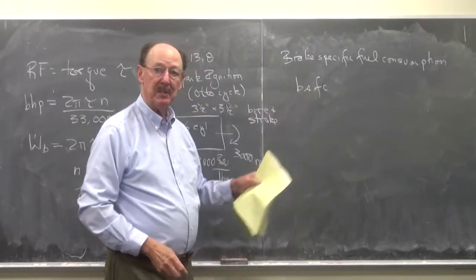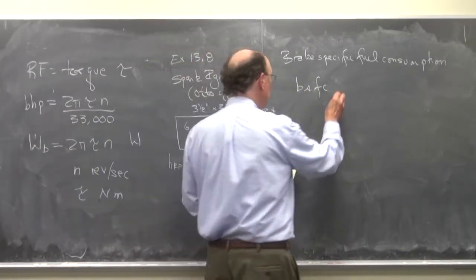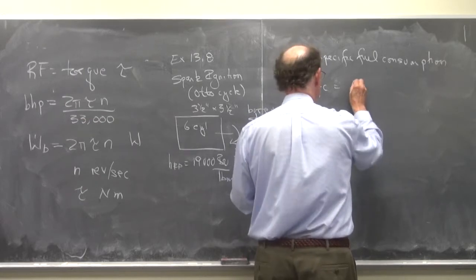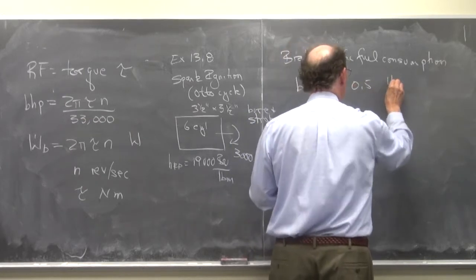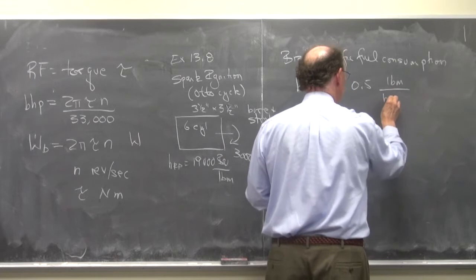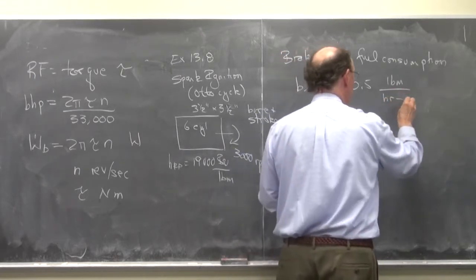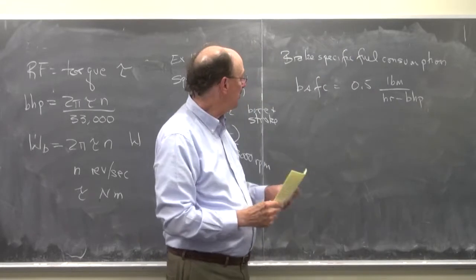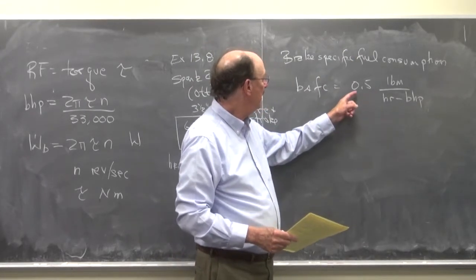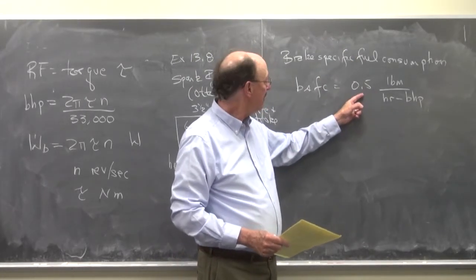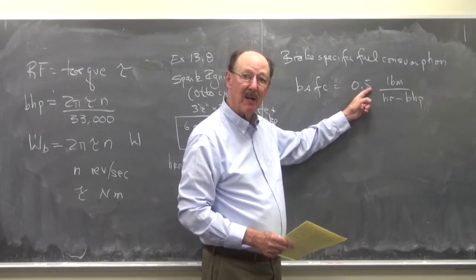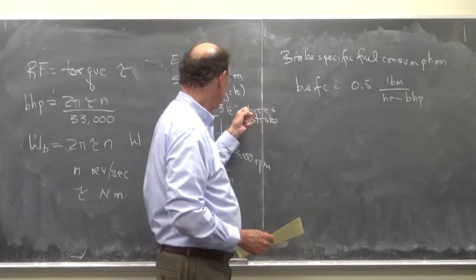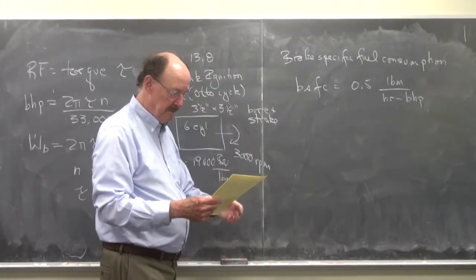Brake specific fuel consumption is equal to 0.5 pounds mass per hour per brake horsepower. So that would tell us if I had 10 horsepower, then this would be 5 pounds mass per hour. So this tells us what the fuel rate is, measuring the brake power coming up.